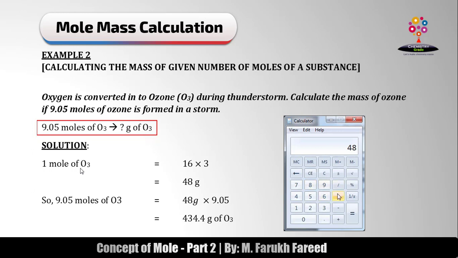We know that 1 mole of ozone will be equal to 16 into 3. 3 is subscripted here, so we multiply it by 3. 16 is the atomic weight of oxygen, so it will become 48 gram. So 9.05 moles of ozone will be equal to 48 gram into 9.05, which will become 434.4 gram. You may see the calculation here.